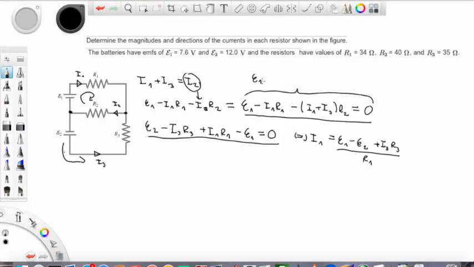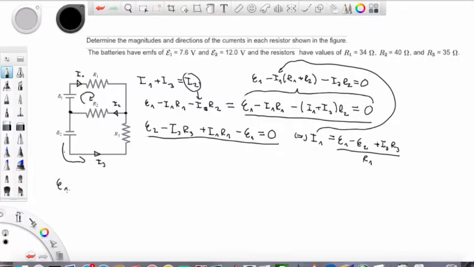So we get E1, then we have minus I1 R1, and then we have this term R2, and we are left with negative I3 minus R2 equals 0. And now we're ready to plug in this I1 into here. So let's do it over here.